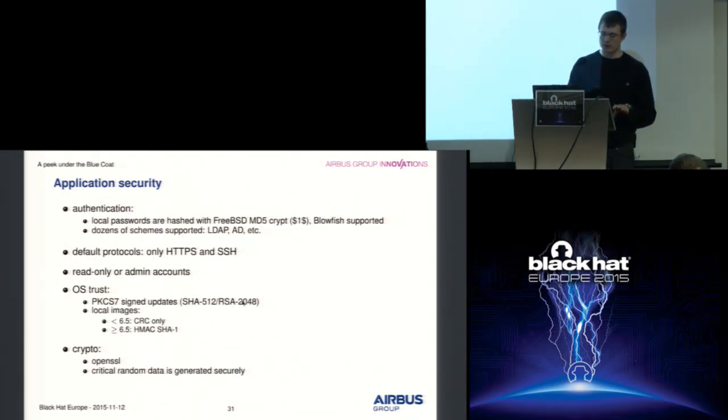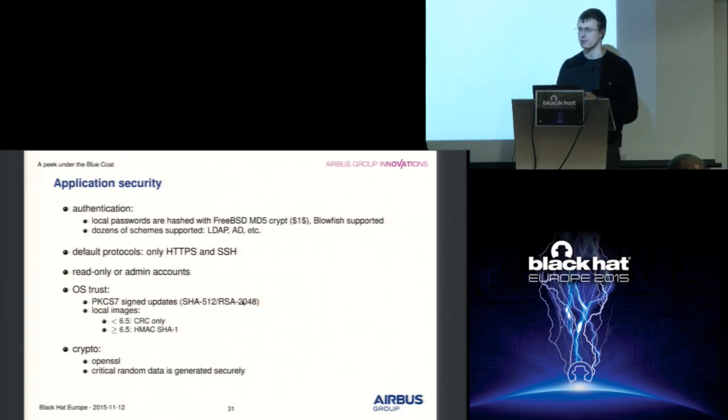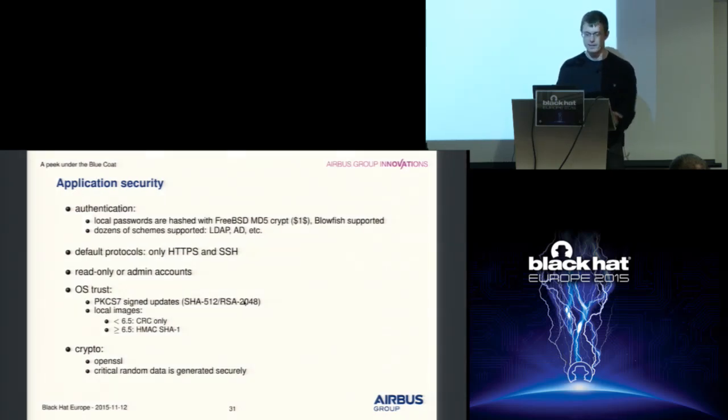Regarding boot and trust in the operating system, the first interesting thing is updates are signed correctly. So you cannot compromise and backdoor a Proxy SG by doing an update with a backdoor and pushing it. They are checked correctly. The code is okay.